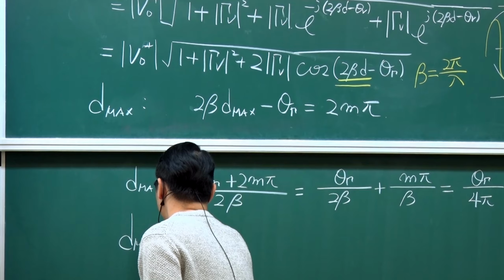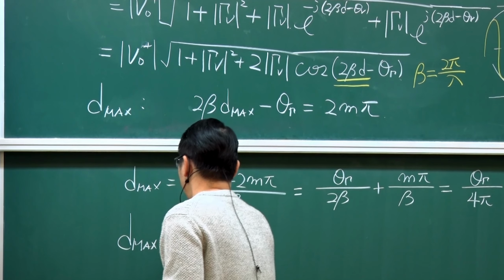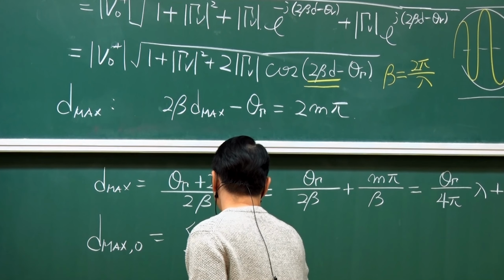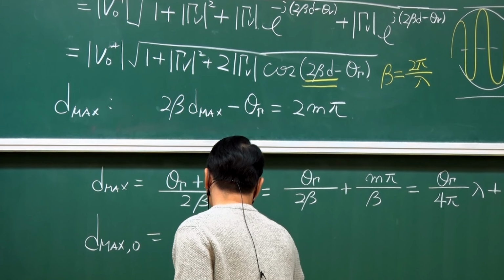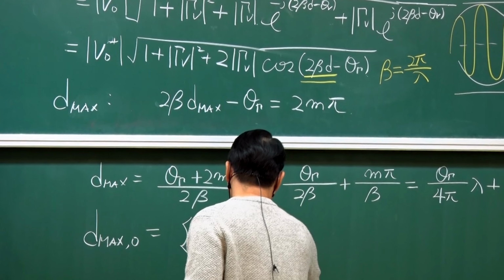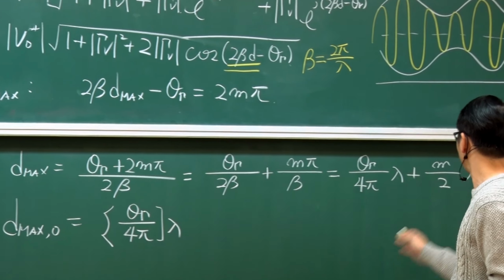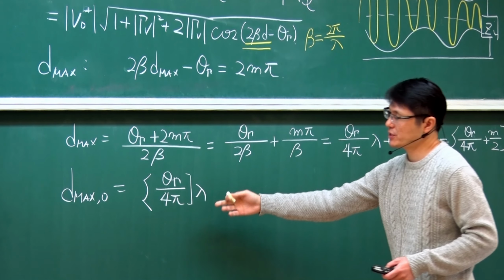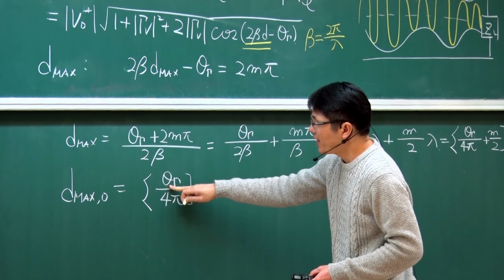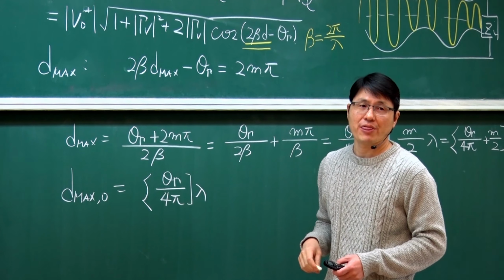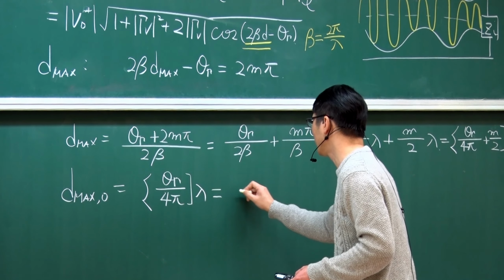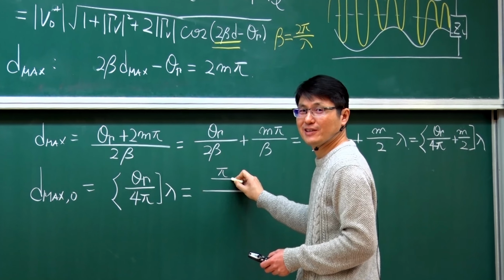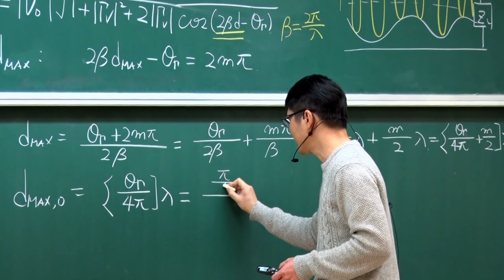d max 0, the first maximum. In this case, m equals 0, so you don't care about the second term. You only care about the first term. And theta gamma is given as 30 degrees. So 30 degrees is pi divided by 6.